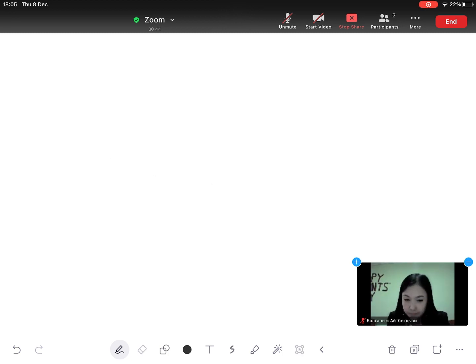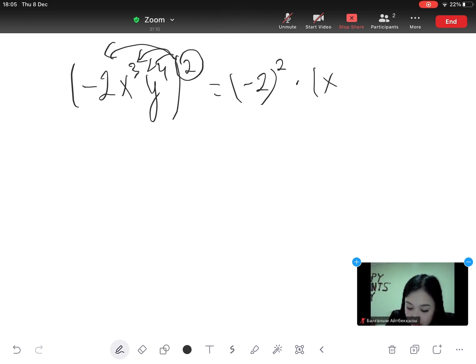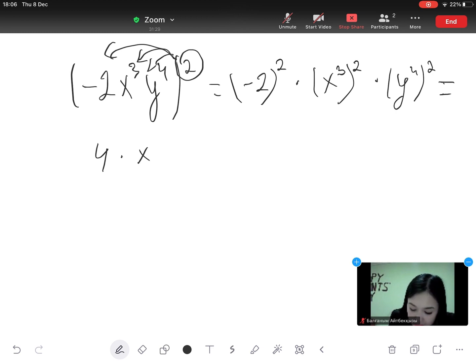Okay, for example, -2 x to the power of 3 y to the power of 4, to the 2nd degree, and this square belongs to each factor. So -2 squared multiplied by x to the power of 3 squared multiplied by y to the power of 4 squared equals -2 squared is 4, multiplied by x to the 3 times 2, which is 6, multiplied by y to the 4 times 2, which is 8.